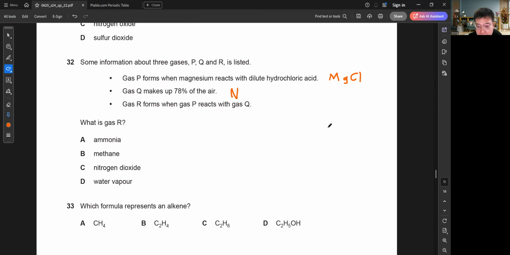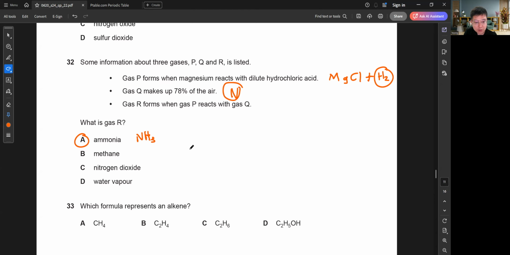Yeah, magnesium replaces the hydrogen, plus H2. They want the gas that forms, so it's the H2. And then gas R forms when gas P reacts with gas Q. So it's something combining nitrogen and hydrogen. This one is definitely ammonia, because the formula for ammonia is NH3, so it has nitrogen and hydrogen inside. Yeah, so I think that's the answer.